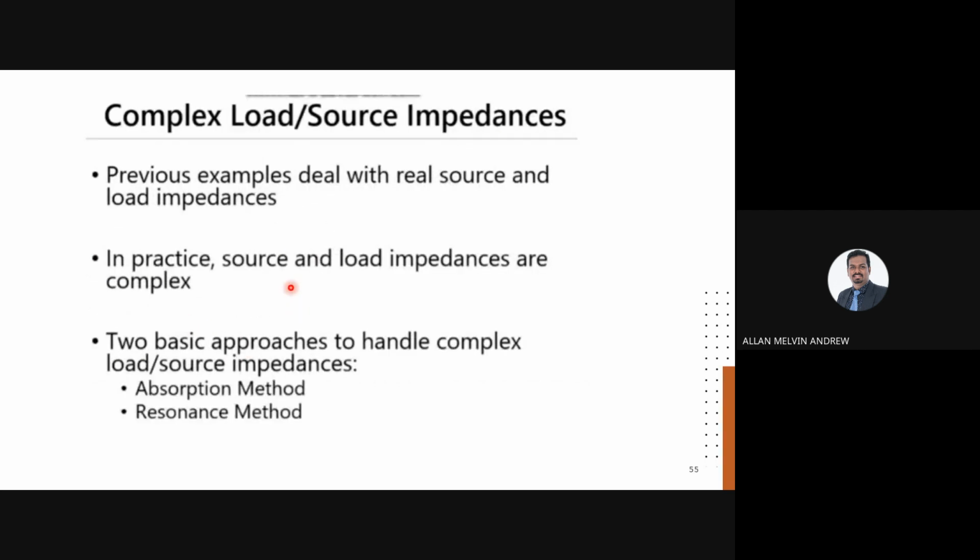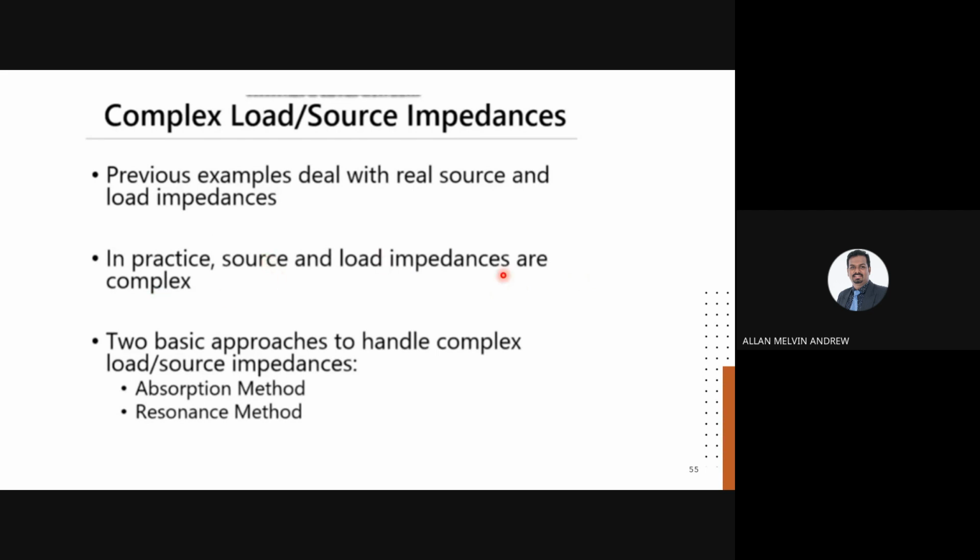Okay, complex load and source impedances. In the previous example, these were real source and load impedances. In practice, source and load impedances are complex. Mathematically, we can do it like the previous circuit, but in real life, source and load impedances are complex, so they are not direct.